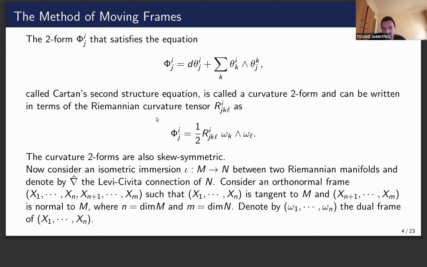We can write it in this frame like this. Now, the curvature forms are also skew symmetric. So this helps us essentially compute the curvature. This is a very easy way because we use exterior derivatives instead of the covariant derivative. So in general, this is easier to work with.